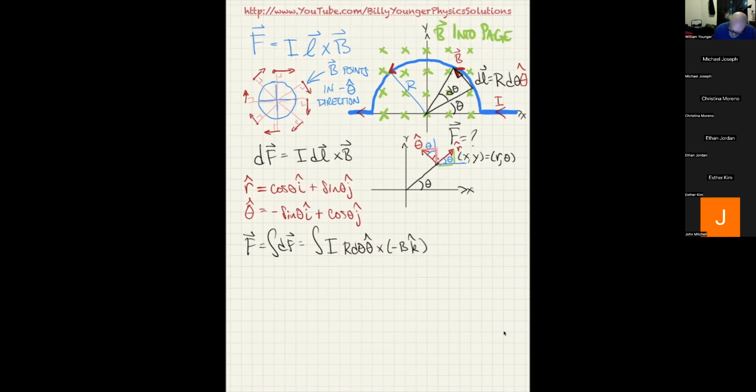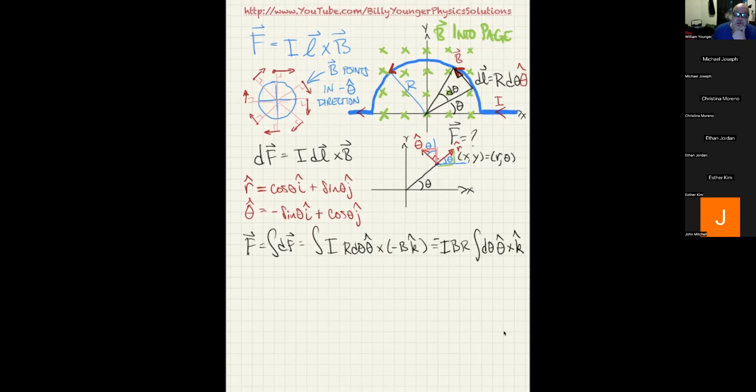Okay. Now that means I can take the negative I, the R, and the B. I'll say negative IBR, pull that completely out in front and say I'm going to take the integral of d theta times theta hat cross k hat. Now, technically, even though I wrote it to the right of d theta, you're actually integrating that too.